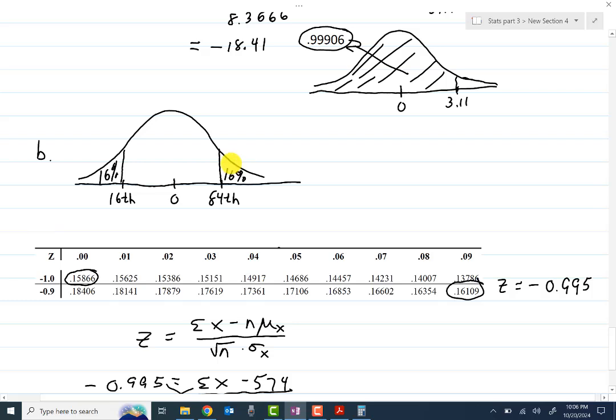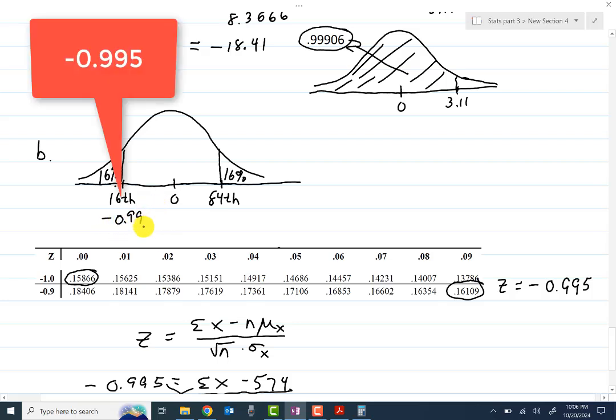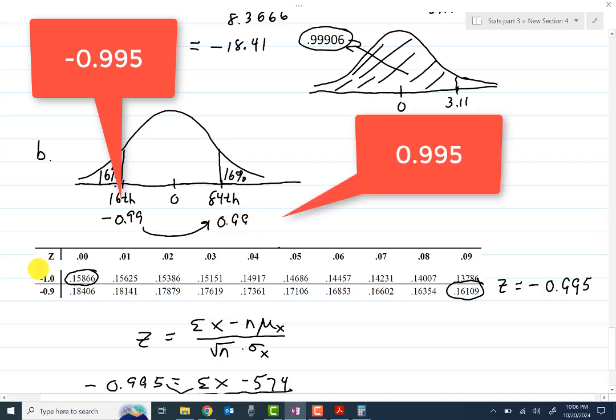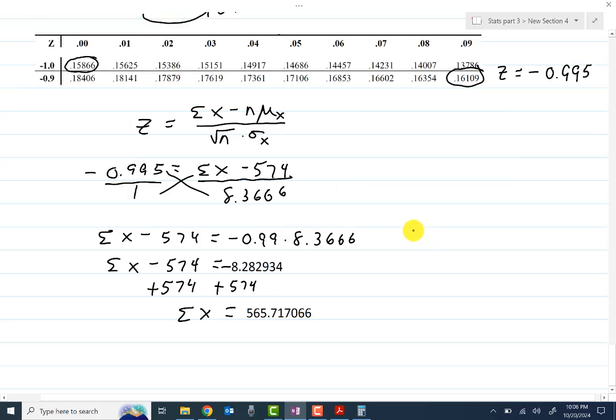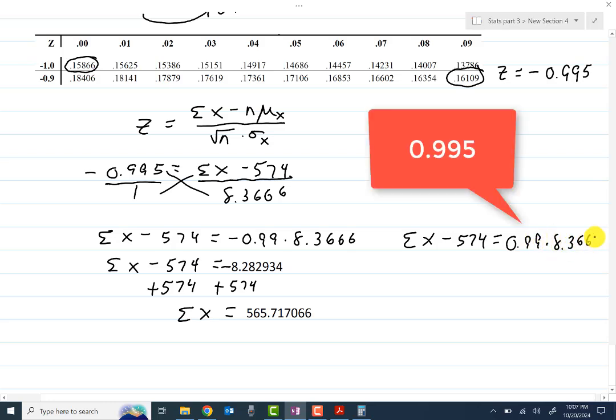Now you can do this. We had, what was it, negative 0.99 was that score. So let me put that. That means this guy over here using symmetry is 0.99. So when you're doing the other one, here's what's going to be different about it. You're going to have the sum of x minus 574 will equal 0.99 times 8.3666.